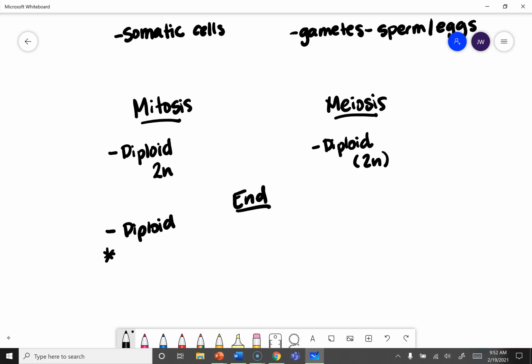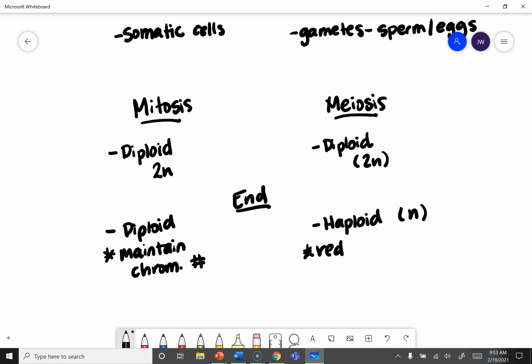So in mitosis, we maintain chromosome number. At the end of meiosis, though, we produce haploid cells. We have one copy of each type of chromosome. So at the end of meiosis, we have reduced chromosome number. And this is because when you join a sperm and an egg, when you join their genetic material, you double it. And so you have to start out with half of what you need in the beginning.